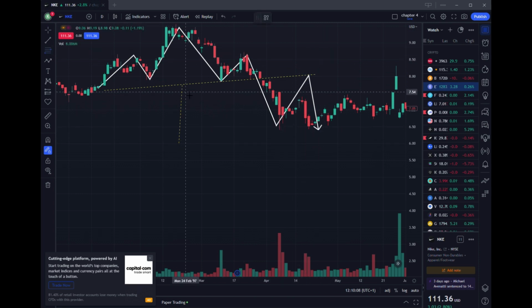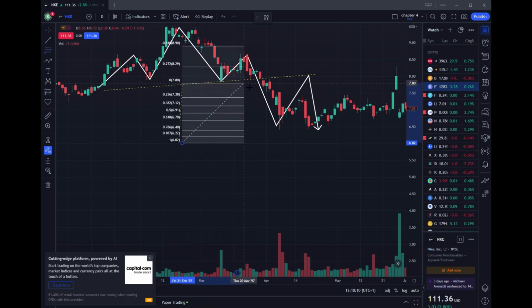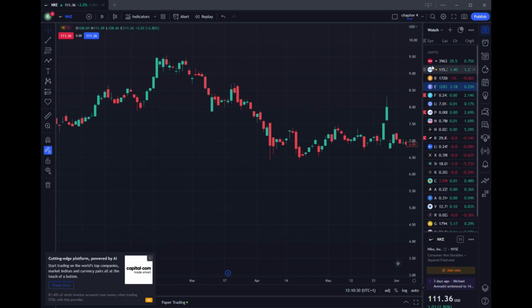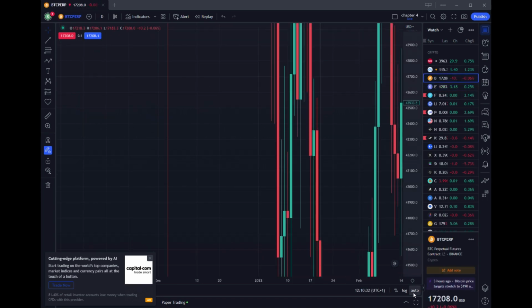How they define this is that 100% retracement is going to go all the way down to 6. Most of the time these retracements are between 33% and 66%, and in this case it was at 80%. So I guess it's just a probability thing. I'm not sure what to make of it. You can do whatever you want.